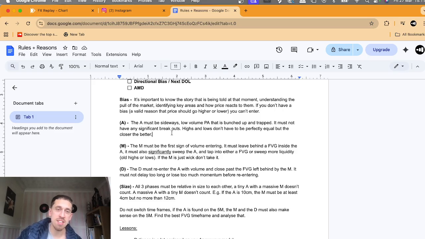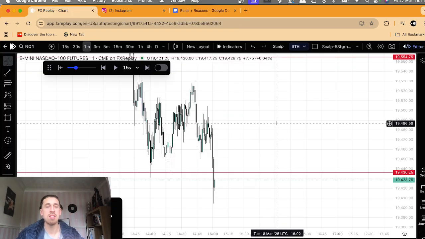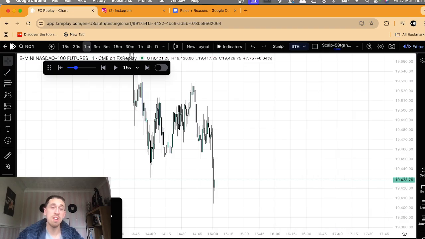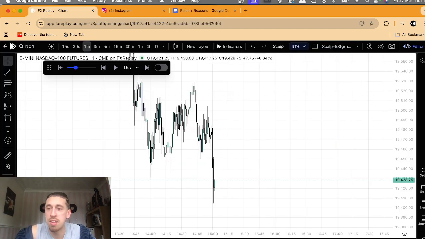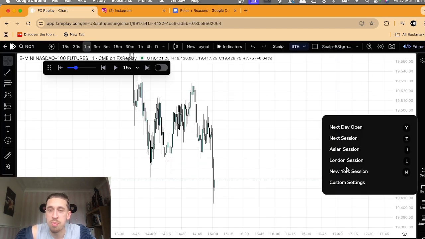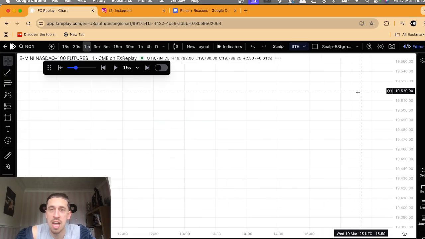Now, I'm going to get into this and we're going to try and find some AMD setups using everything, because I keep going back and forth, being like, okay, what if it's this, maybe I need to look at it like this, or maybe I just need to focus on that.